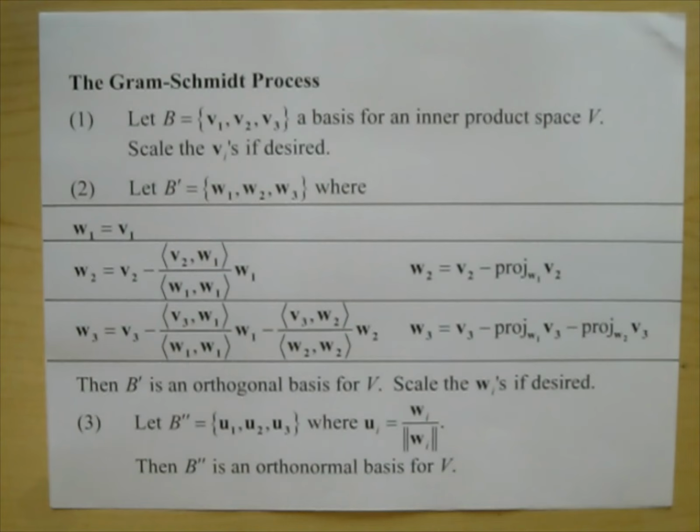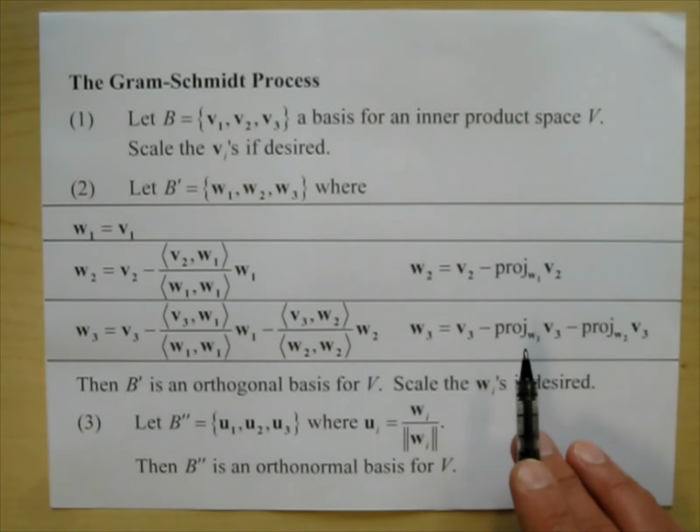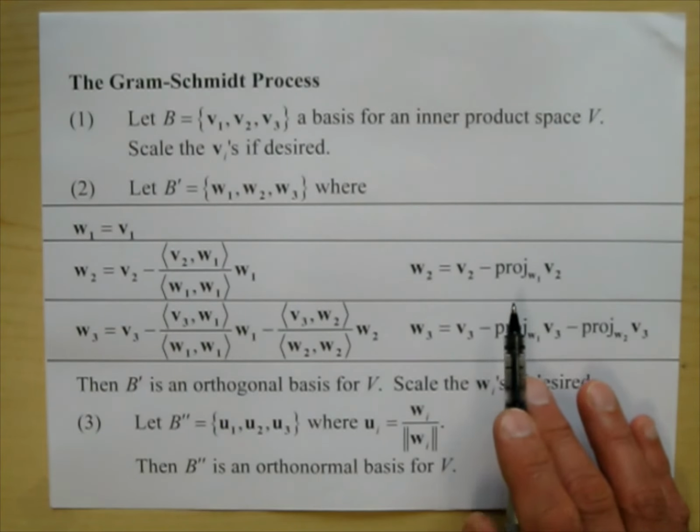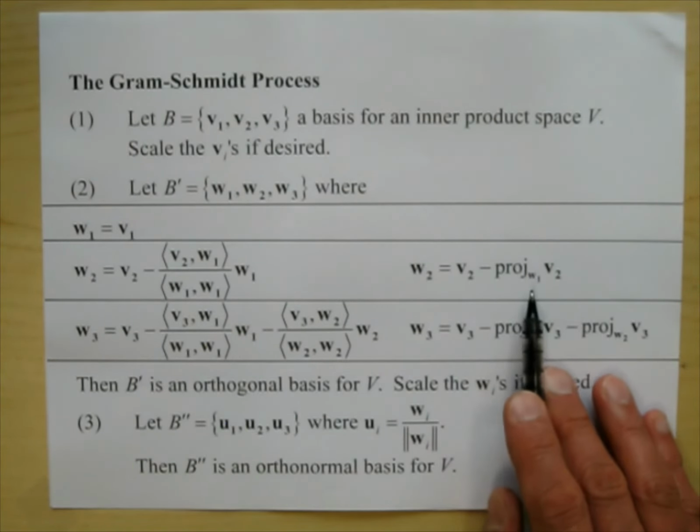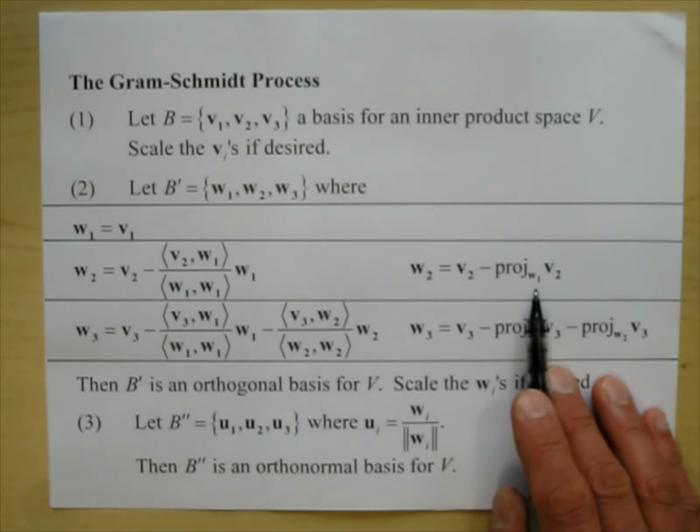And that is what we derived in the PowerPoint, so that W1 and W2 were orthogonal. Now I believe in the PowerPoint we may have had V1 written there, but V1 was W1.